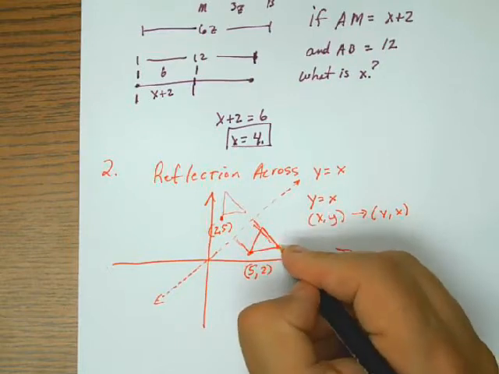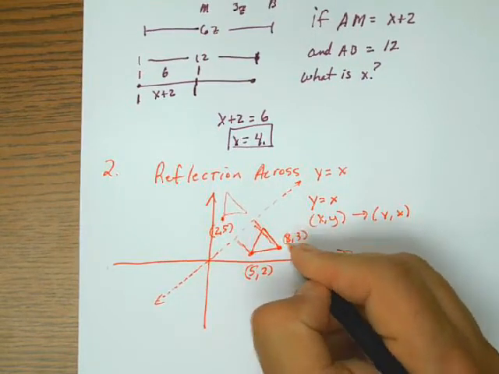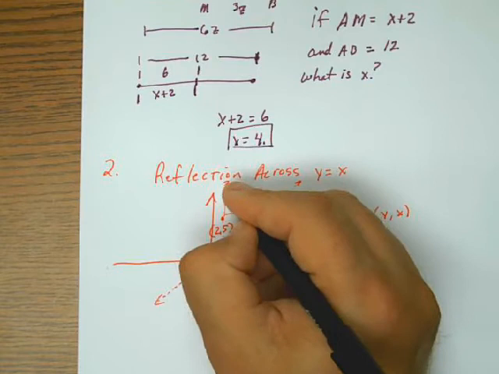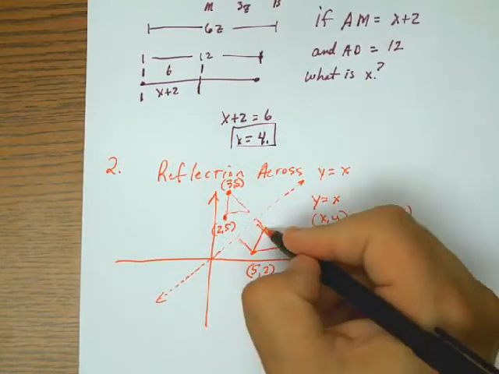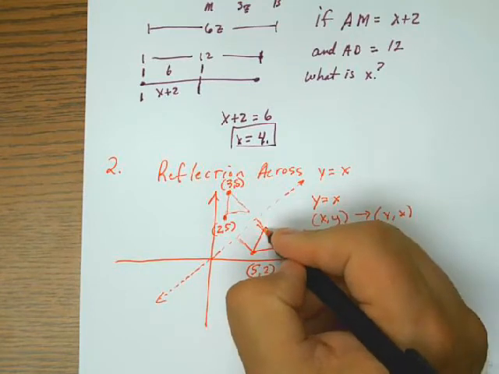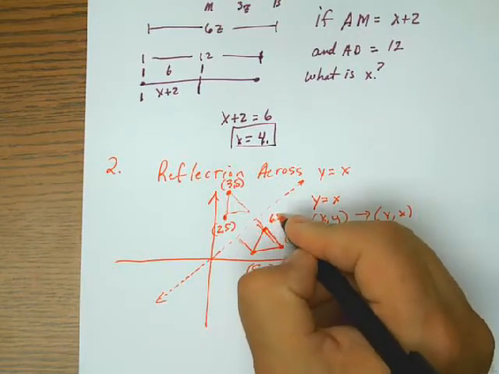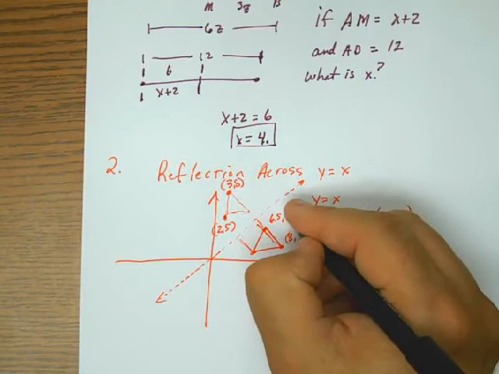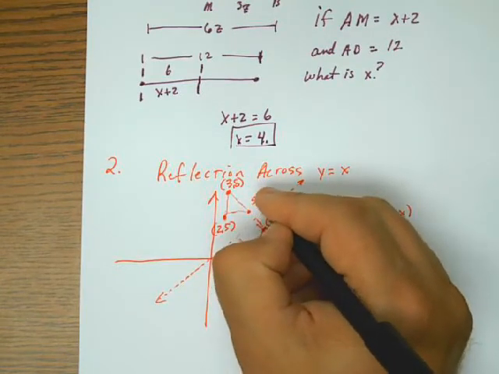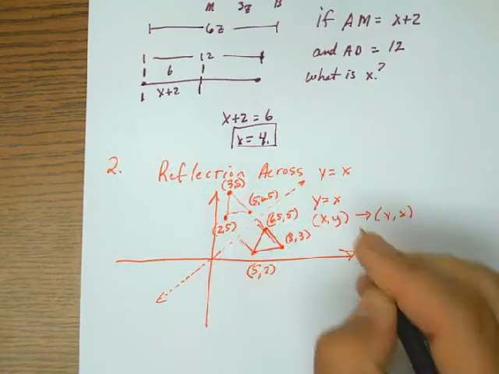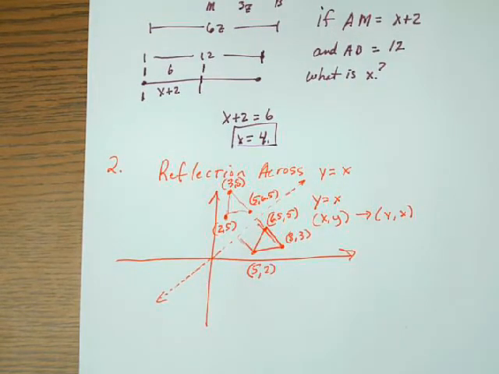If this point was 8, 3, then this point would be 3, 8. And if this point was 6.5 and 5, then this is 5 and 6.5. Do you remember that rule? You need to remember it.